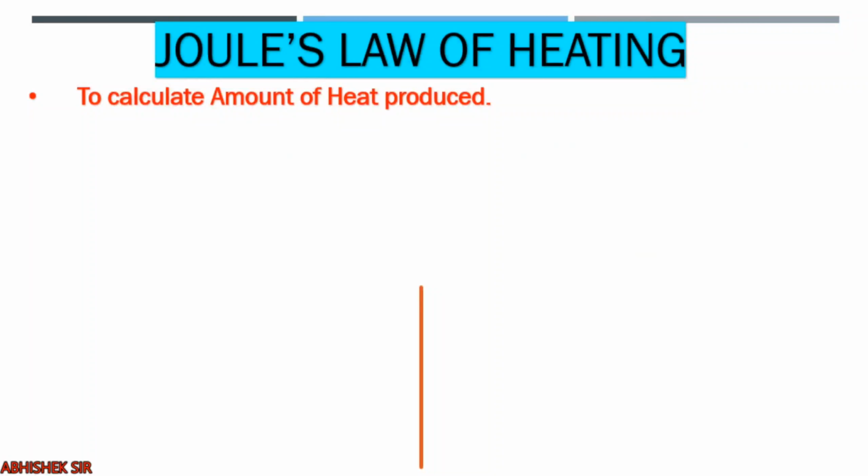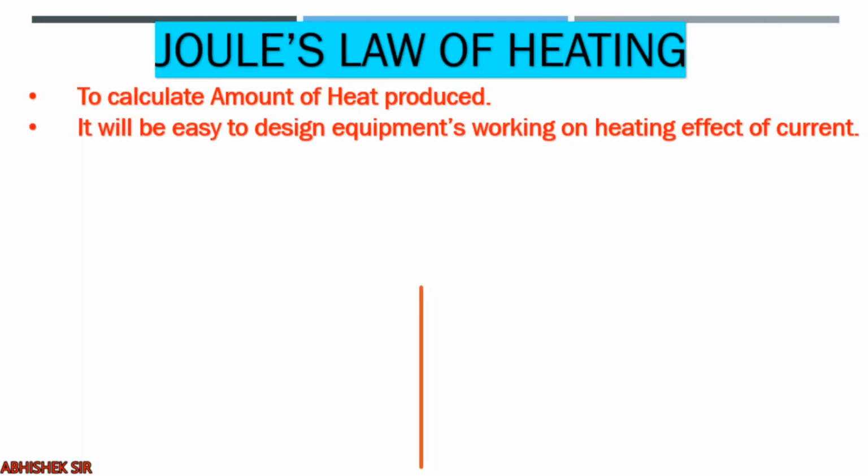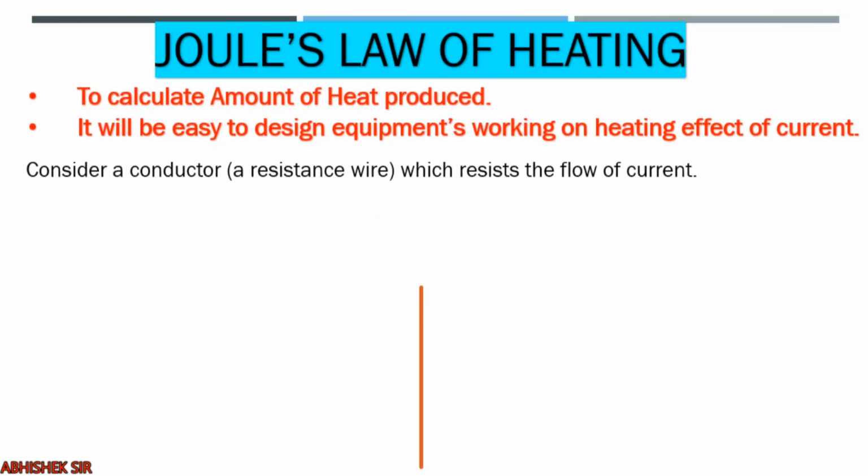So how does it help? Joule's law helps us to calculate the amount of heat produced, and it will be very easy to design equipment which works on the heating effect of current, because we need heat from these instruments, but we need to control the amount of heat, right? So now let us go for the derivation.